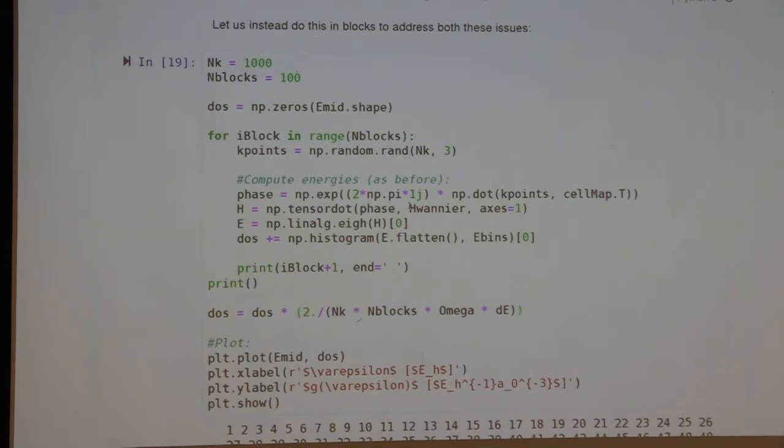So while we're waiting on that, any questions on this idea? You can later play around with this and for this or other computations, keep the total number of k points being calculated the same and change the number of blocks and the number of k points within the block. So that is the block size, and see whether there's an optimum in the time it takes.